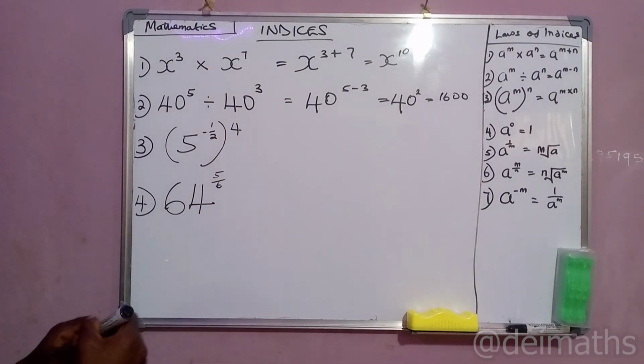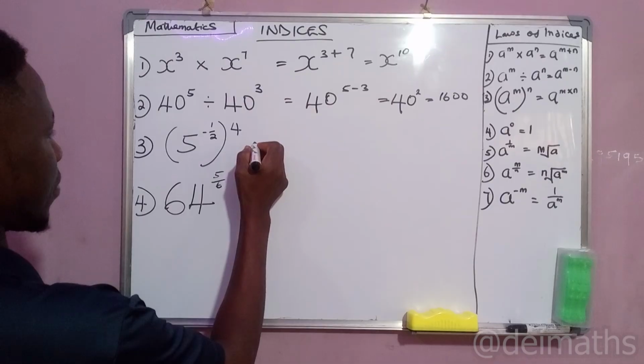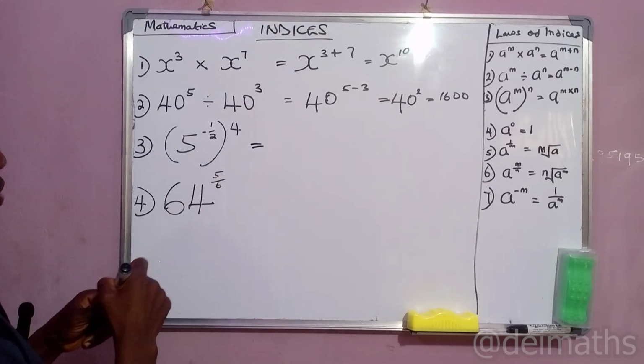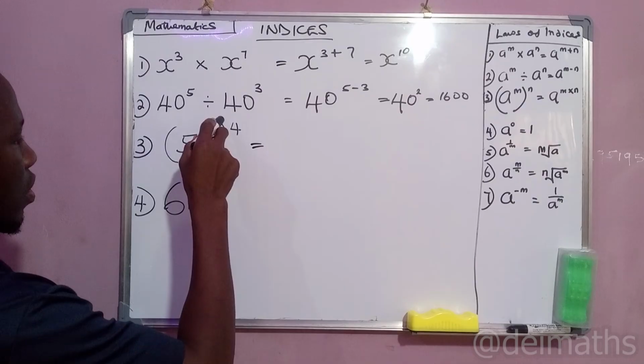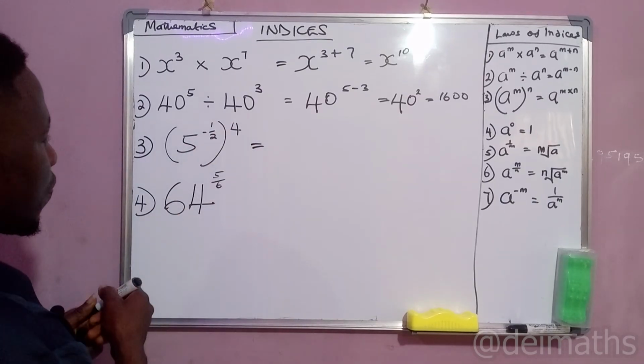Okay, we have number 3, which is 5 raised to the power minus 1 over 2, all to the power of 4.